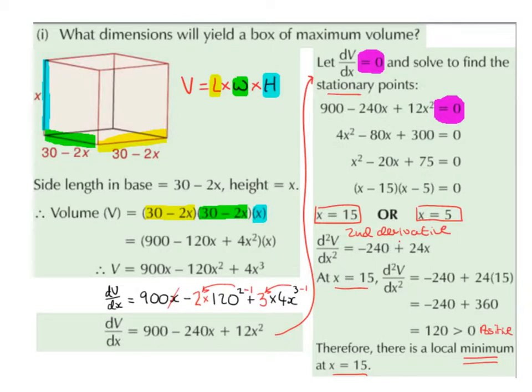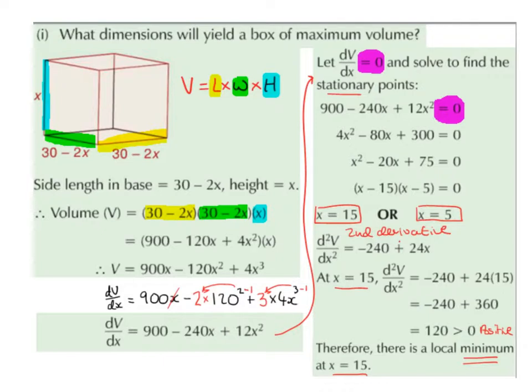Okay, so question 1, what dimensions will yield a maximum volume? So we've labelled our dimensions as x, 30 minus 2x and 30 minus 2x, but we actually have to figure out now what the actual values will be. So we know that the side length in the base is 30 minus 2x and that the height is x.